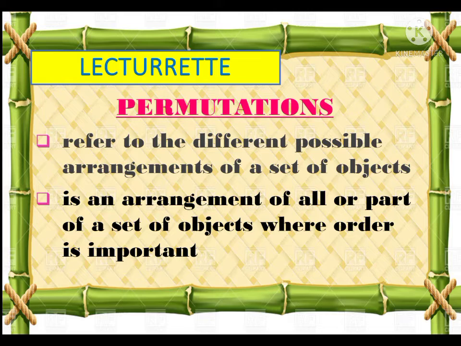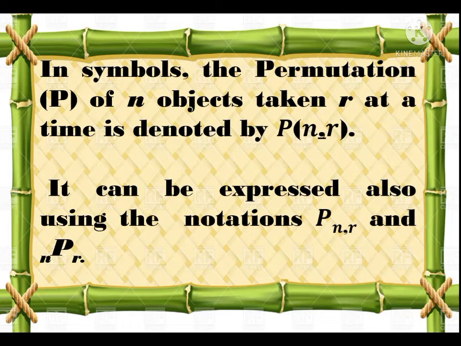Permutations refer to the different possible arrangements of a set of objects. It is an arrangement of all or part of a set of objects where order is important. In symbols, the permutation of n objects taken r at a time is denoted by P of n and r.